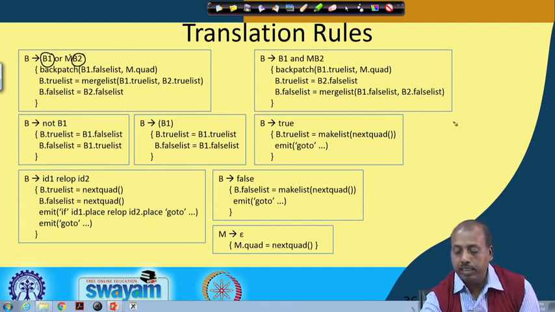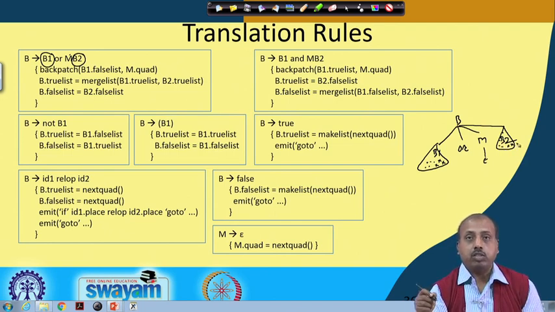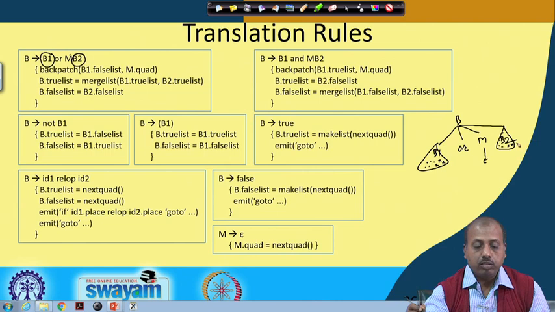So, I have B 1 or M B 2. B 1 true list has got all these points, B 1 false list has got this point, B 2 true list has got this point, and B 2 false list has got this crossed point. So, the true lists and false lists have been done.